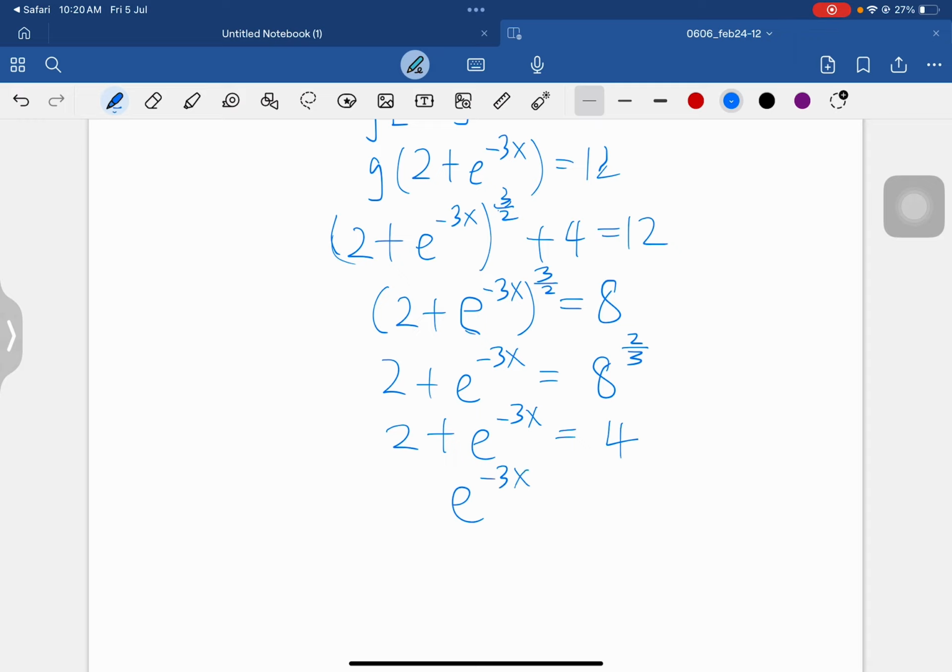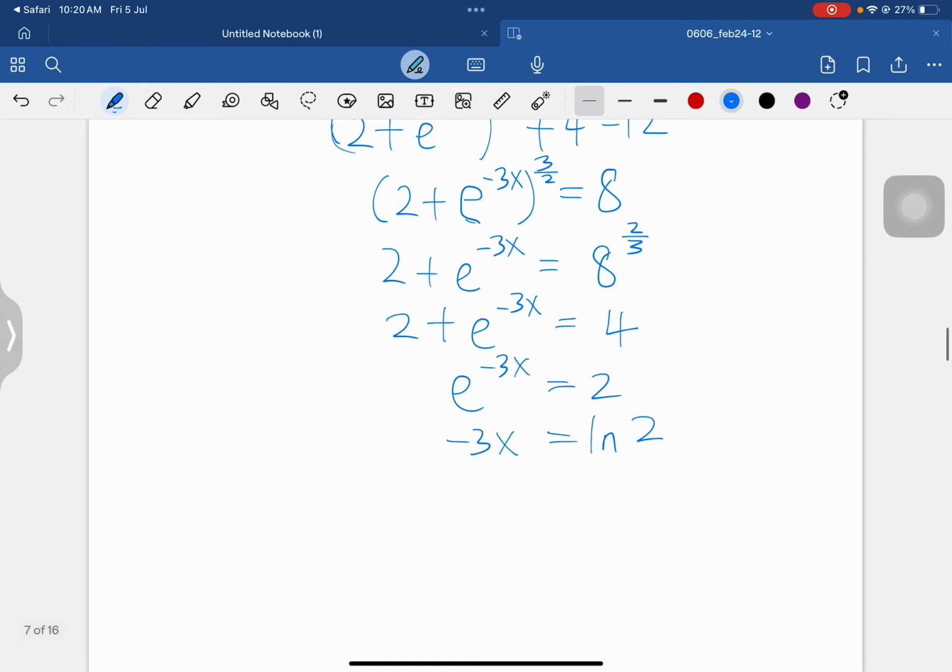e to the power of negative 3x is going to be 2. Ln both sides. Or you can throw the e to that side, it will be this. x is going to be 1 over 3 ln 2 with a minus sign.